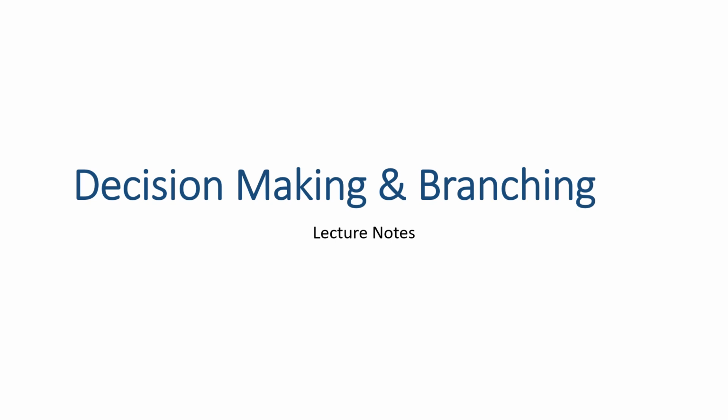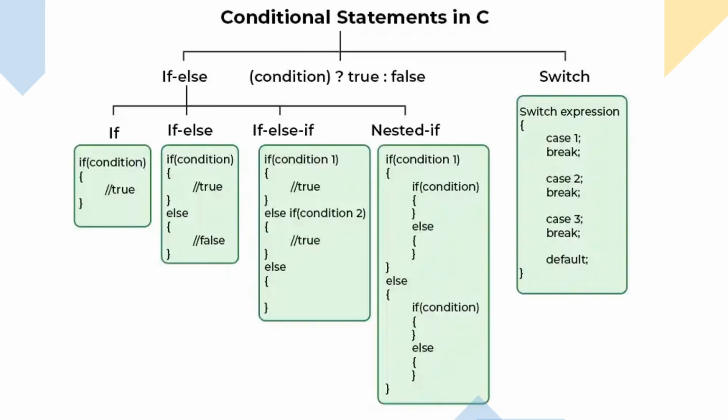And we have different decision making statements like the if statement, if else statement, nested if statement, if else if ladder statement, and switch statement. So let me give you the syntax and a simple example related to all this. For if, the syntax is like: if the condition is true, it will execute the block of statements.